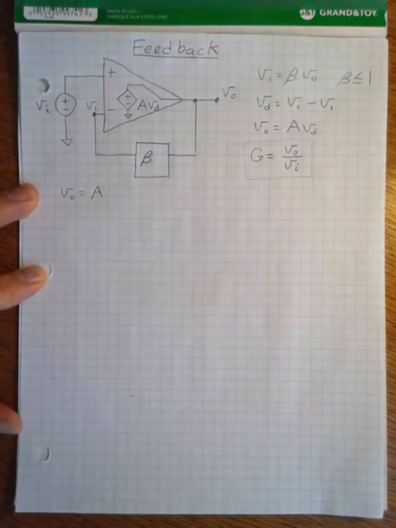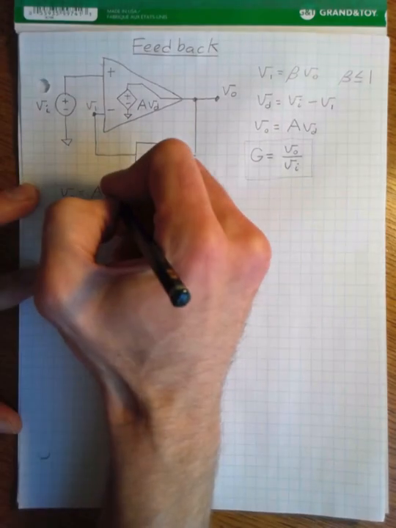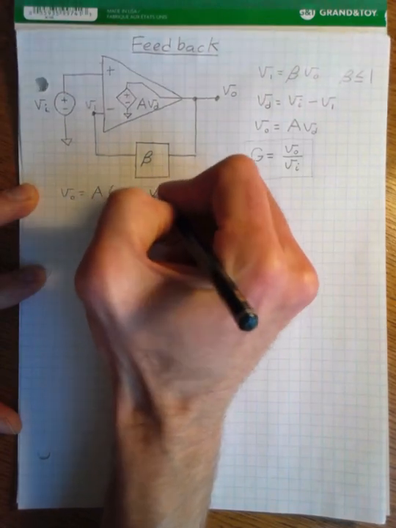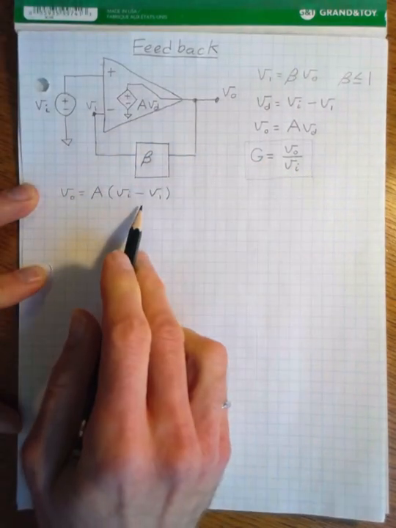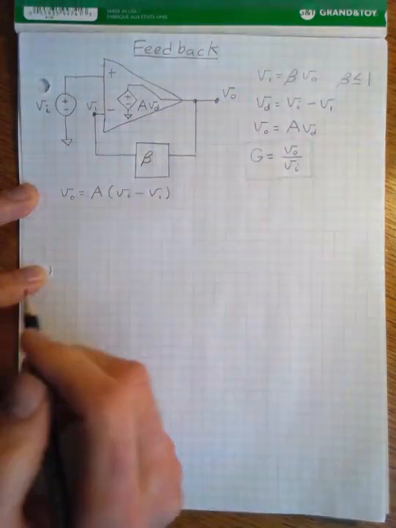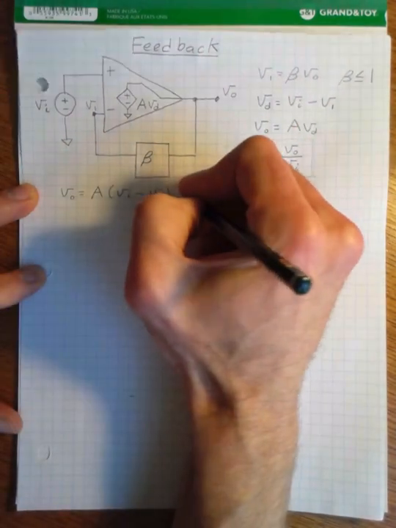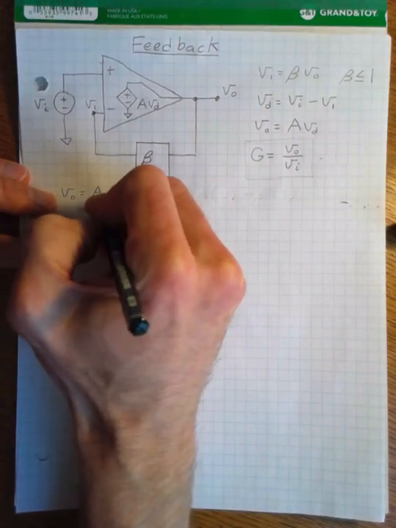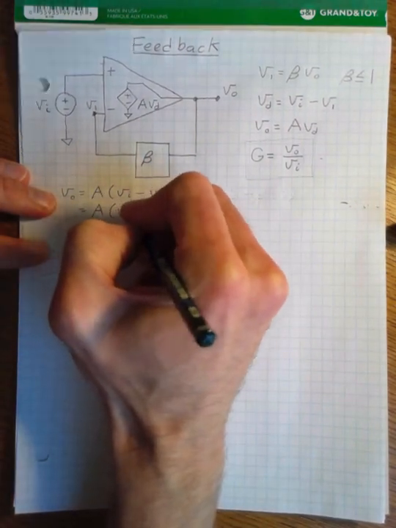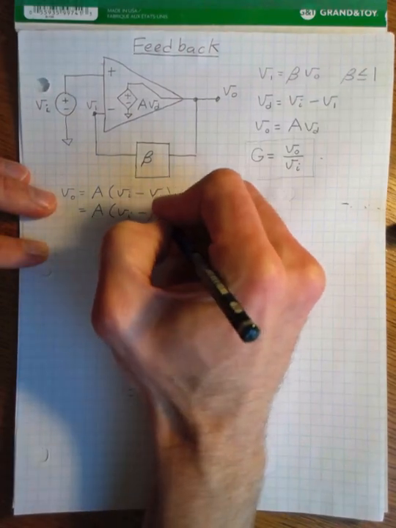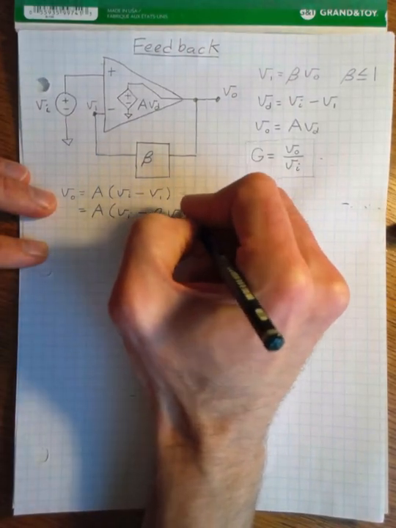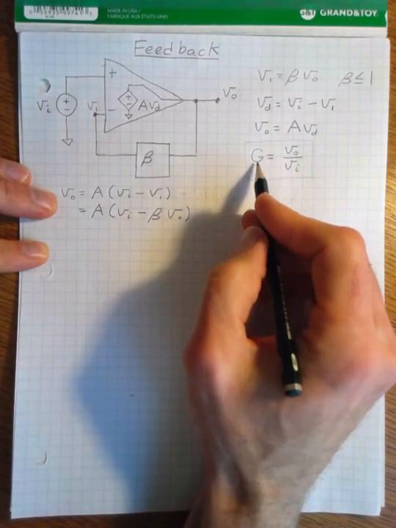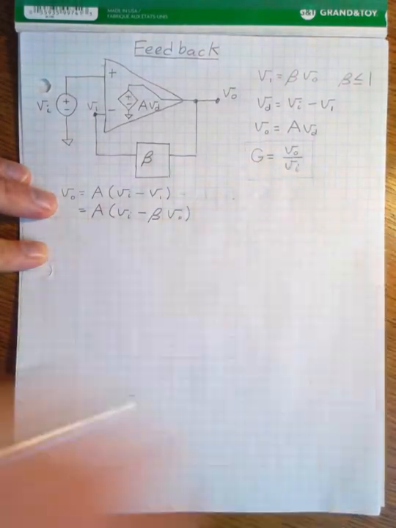And so to start off with, we know that the output voltage is A times the differential voltage, and that's just equal to the input voltage minus V1. We know that V1 is an attenuated version of the output voltage. So we've got A times the input voltage minus an attenuated version of the output voltage. And what we're trying to solve for is the ratio of the output voltage to the input voltage.